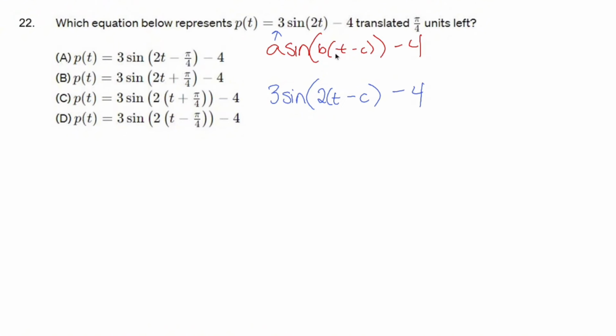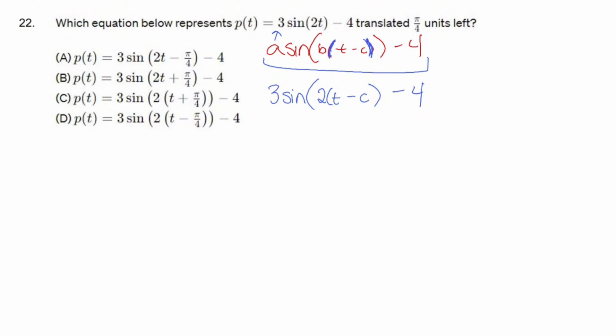But when you are going to translate horizontally, you have to include these parentheses here if you have a coefficient in front of your variable. We do. We can't just say something like 2t blah blah blah, because you're not doing it right. You need those parentheses there.